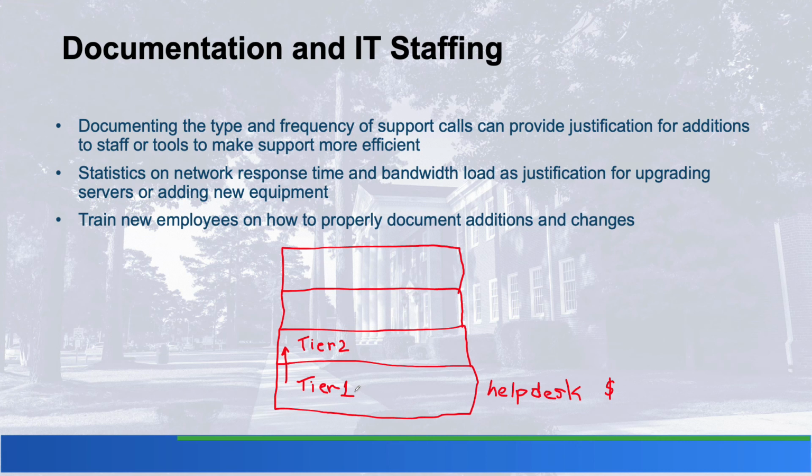People go through those trouble tickets and they say, hey, he's solving problems that he doesn't have to escalate up to tier 2. He's saving us money. Let's give him a promotion to tier 2 since he's doing the work already. So as you work in tier 1, you'll gain experience. And when you're good enough, you'll get promoted to tier 2, which is going to be the network administrators, or the server administrators.